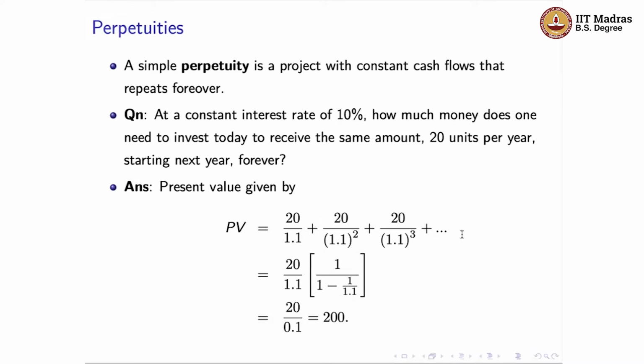And in fact, if you recognize it, this is the infinite GP sum, right? And so we can adopt the formula of the infinite geometric progression that you have seen from your high school. Then you can show that if you take this as common, this common factor is basically 1 by 1.1, and therefore the final outcome is equal to 200, right? So that's basically how you get this formula for valuing a perpetuity.